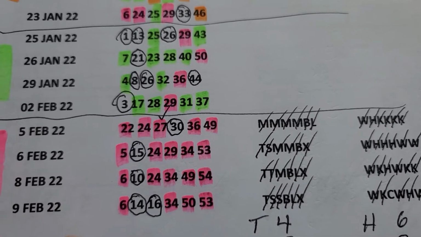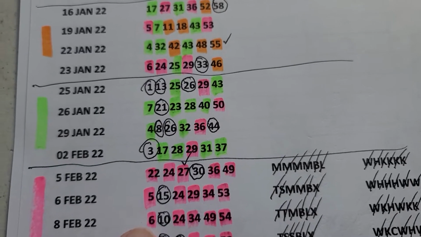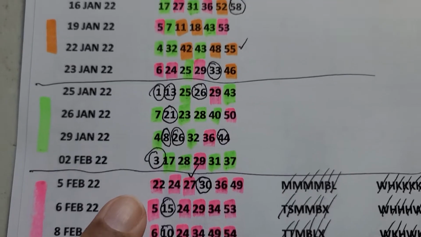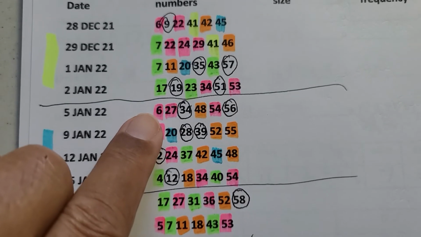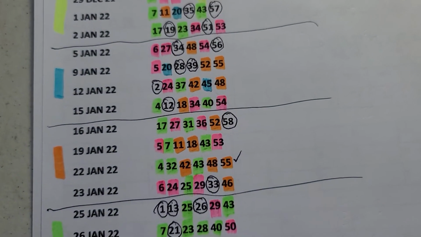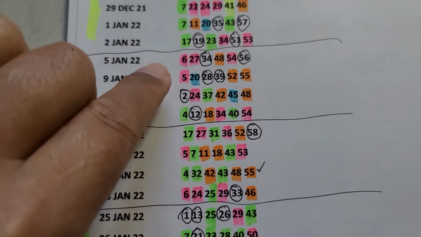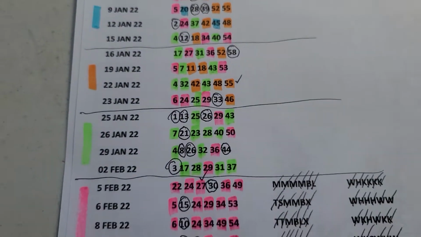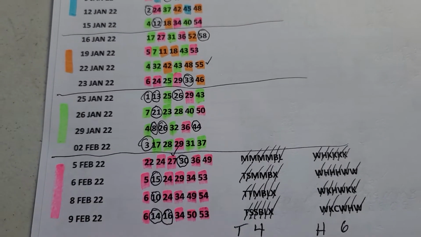If you look at the number 6, it is marked not only here, but it goes back. There's another one here, and another one here, and another one there. So you have 1, 2, 3, 4, 5. The number 6 appeared 5 times in the last 20 games.